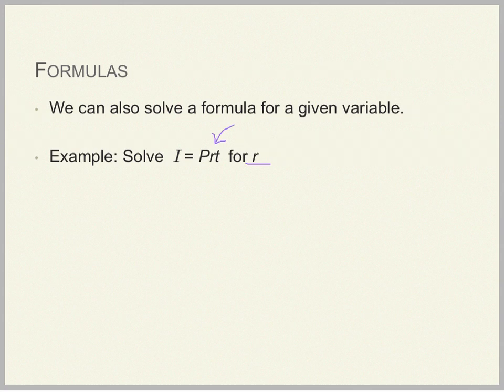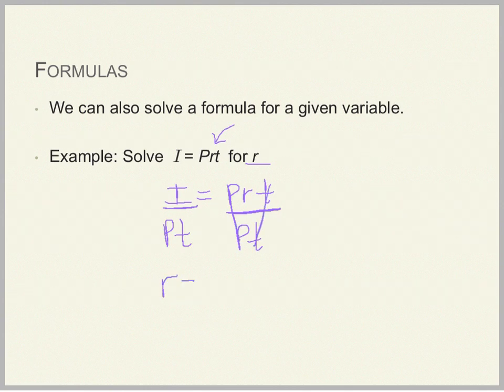In this case, since P, R, T are all being multiplied together, I'm going to divide both sides by PT. In dividing both sides by PT, I find that I'm left with R by itself. So I get R equals my interest divided by my principal times my time.